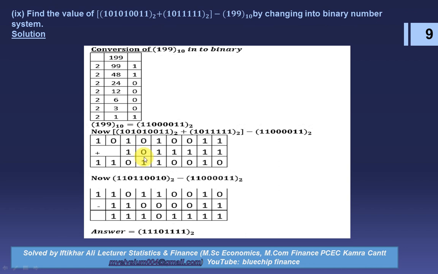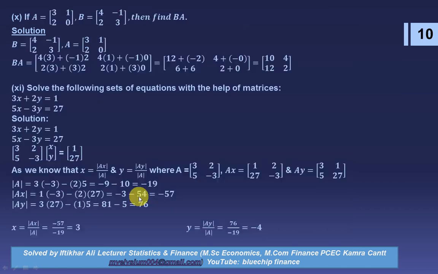The result is given here, and after that we will subtract the binary of 199 from this result. So the final answer will be 11101111 binary.